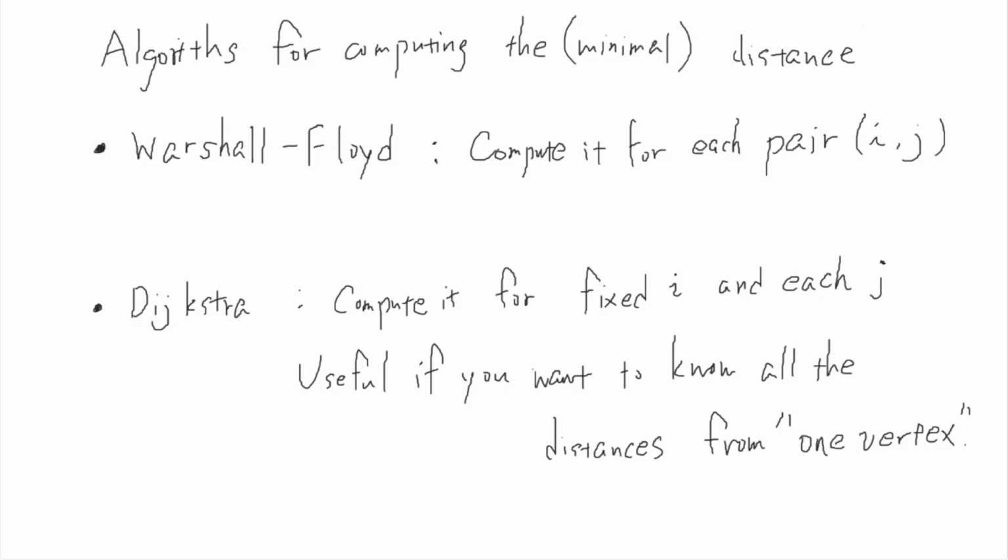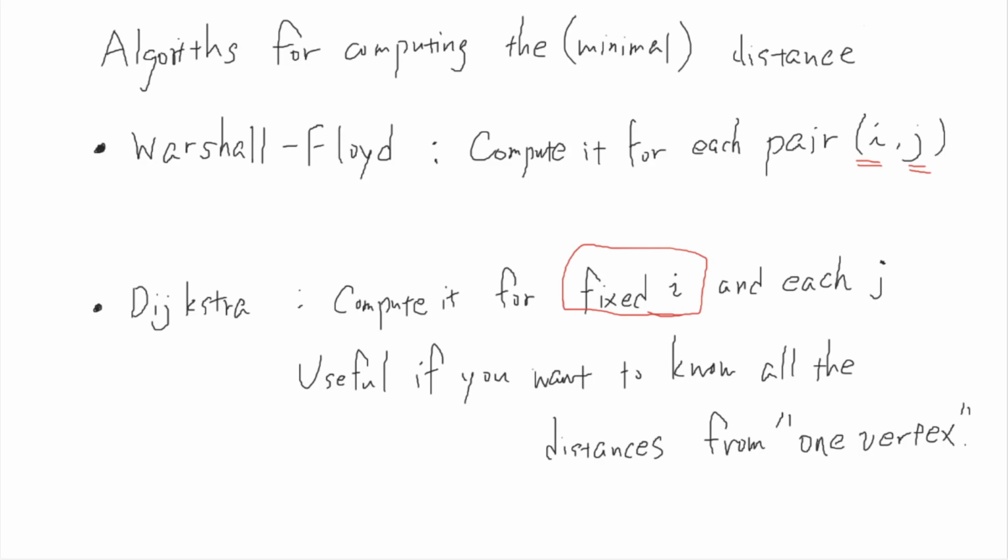One is the Warshall-Floyd algorithm, and you can compute the distance for each pair i and j, where i is the start position and j is the end. The other is the Dijkstra algorithm, and you can compute it for fixed i and any j.